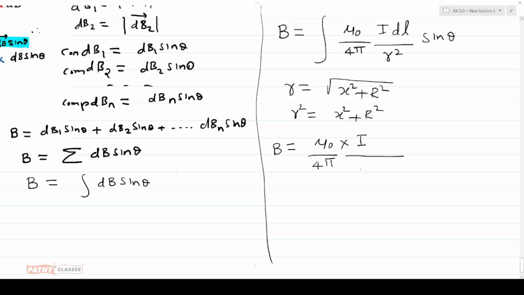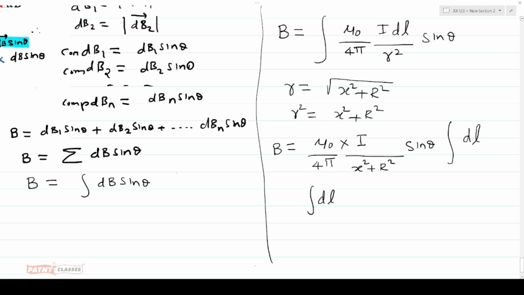So during the experiment, the values of x and R are not changing, therefore they are constant, and sin theta is also constant. So the only variable is dL. So we took all the constant terms out of the integration and only the integration of dl is left.